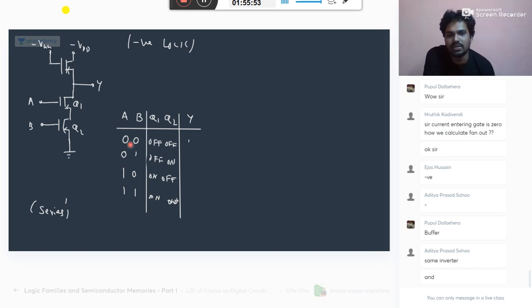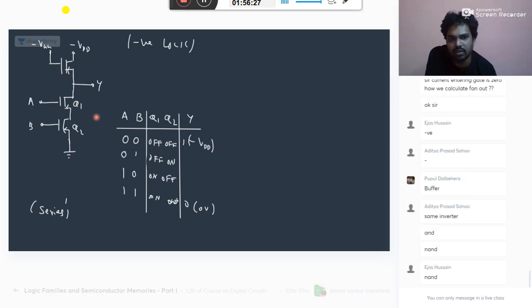So please understand, if both are off, both will be open circuited, you get minus VDD, which means 1. Then if any one of them is on... in the last case, both are on, short circuit, you get 0 volts.